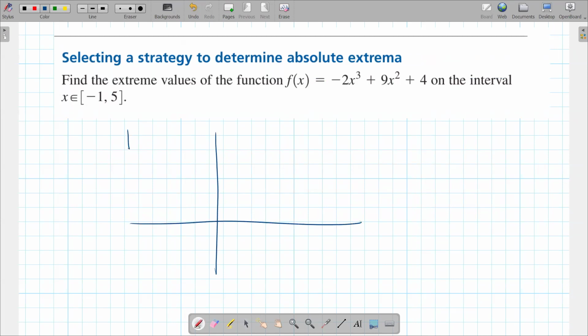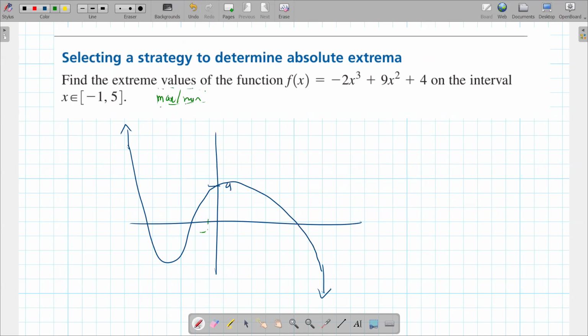Remember, negative cubic polynomials start here, end here. We know the y-intercept. So the graph could look something like this. We don't know what it looks like. The only thing we do know is it's opening in this fashion, and we know the y-intercept. The question is, extreme values means the maximum or the minimum, the lowest or the highest value.